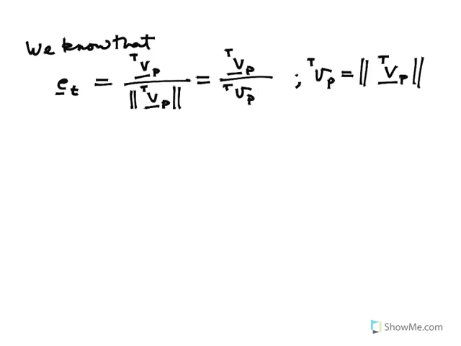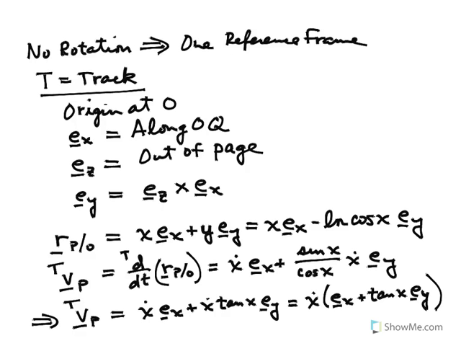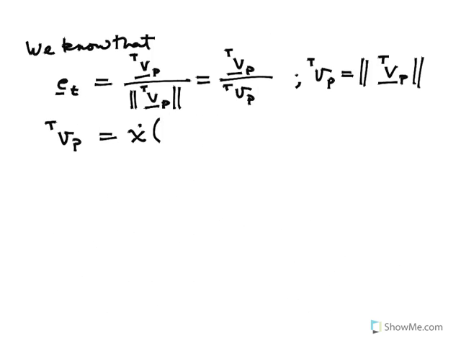If we do that, then the speed is going to equal x dot times the magnitude of the vector that's in parentheses. The magnitude of the vector in parentheses is the square root of 1 plus tangent squared x, so 1/2 of that.